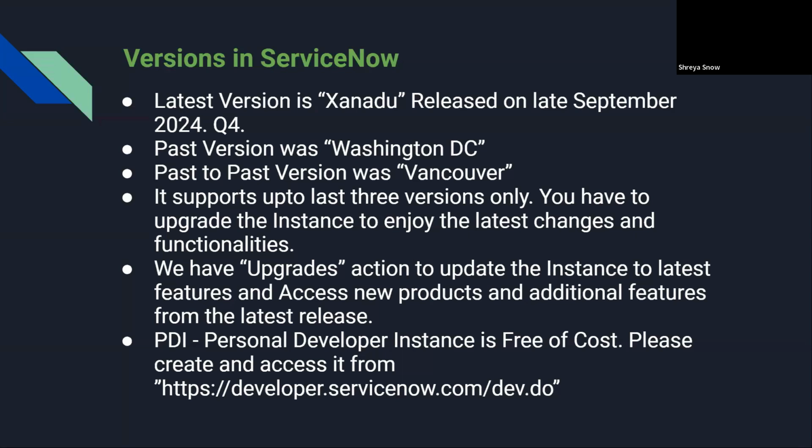That means if there is a new version, we also just install it in our system. It is available for us. Likewise, we'll just upgrade our system, and the latest features are directly invoked into the system, and we can use them from the time we upgrade it completely. Okay, we have a great action to update the instance to the latest features and access new products, additional features from the latest release.